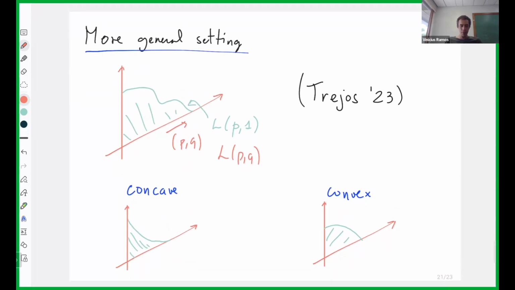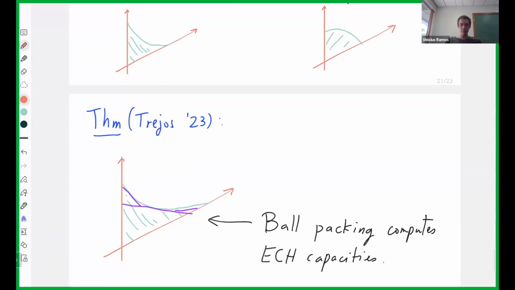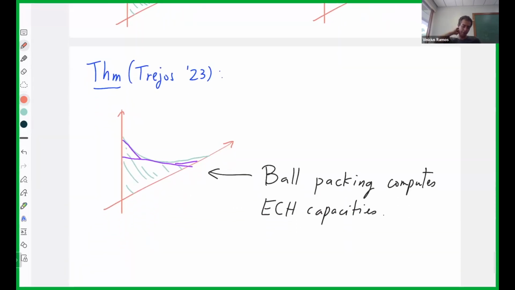And you can define concave and convex ones. And I think there are a lot of interesting questions about this. So, for example, Jonathan proved in his thesis that if you take a concave one, then we can come up with a ball packing, basically like this. The first one, you take the horizontal line until it hits the boundary.